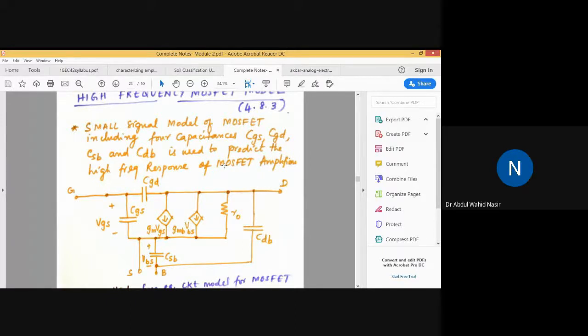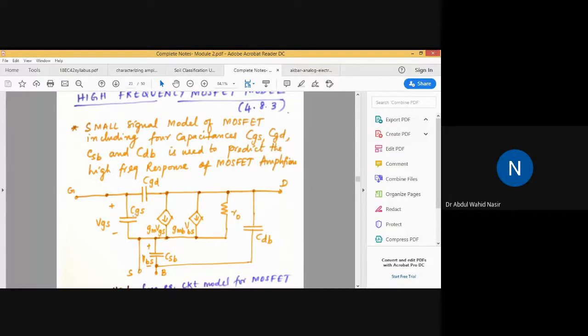So you already know those things. Now in that model we have to consider the effect of the capacitor. Since we know that internal capacitance exists between gate and source terminal, earlier in that small signal equivalent pi model this terminal was open circuit, but now it has been connected using a capacitance CGS between gate and source.